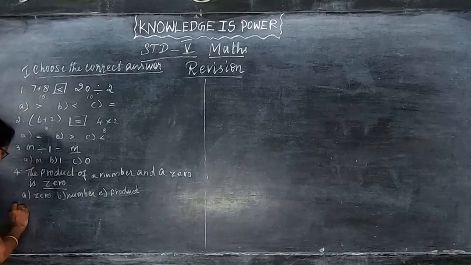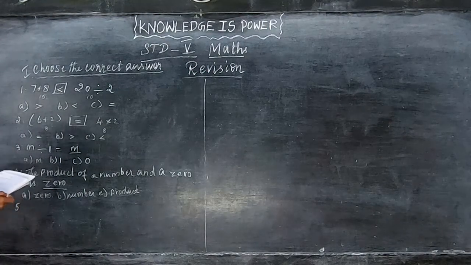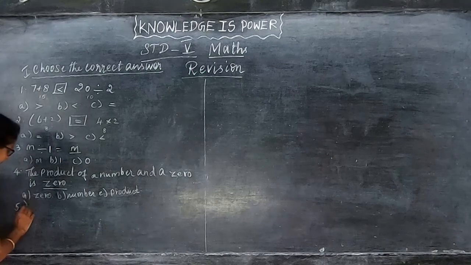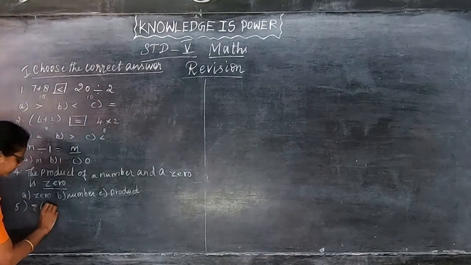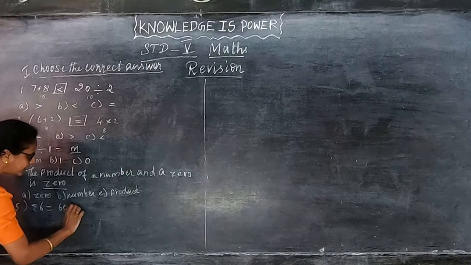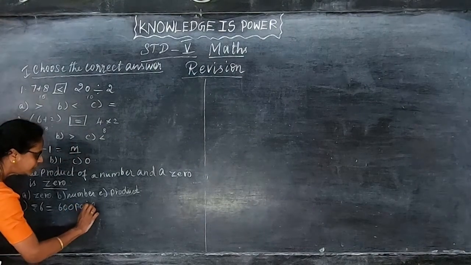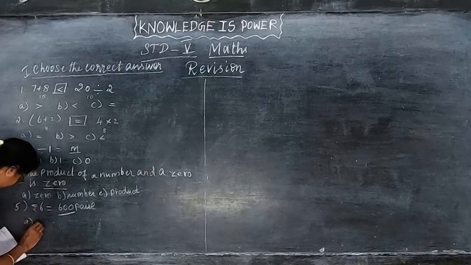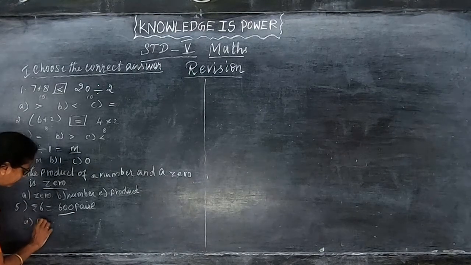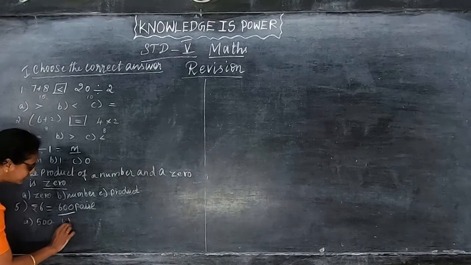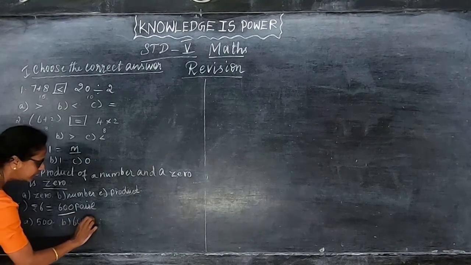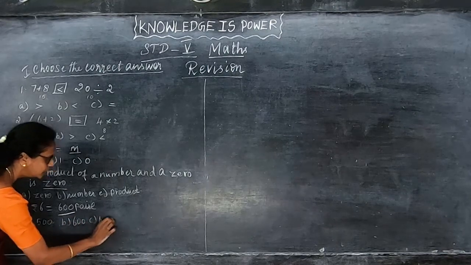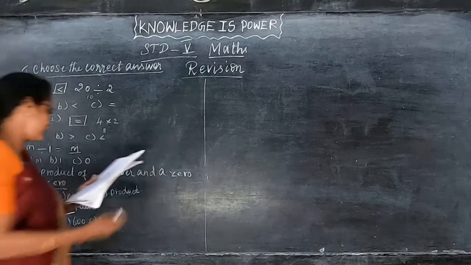And fifth one, rupees 6 is equal to dash paise, that is equal to 600 paise. You know this very well. So A is 500, B is 600 and C is 400. Write the answers correctly, children.